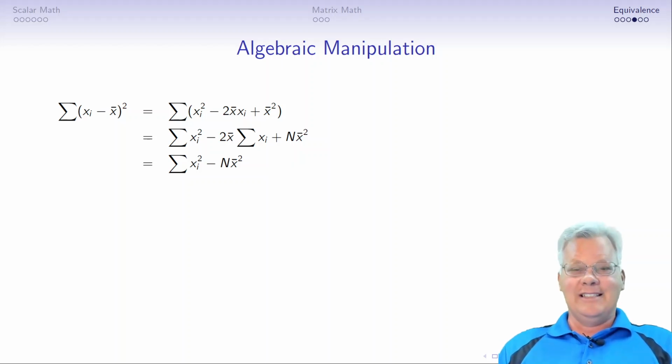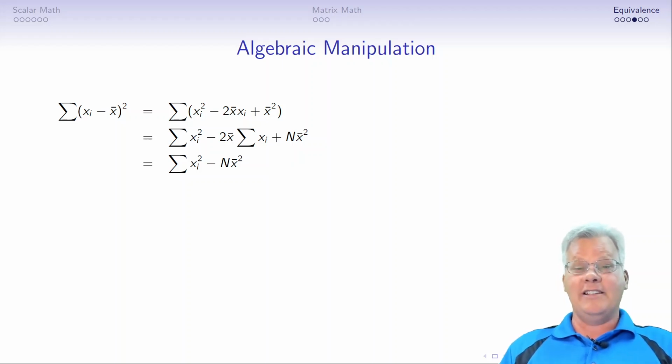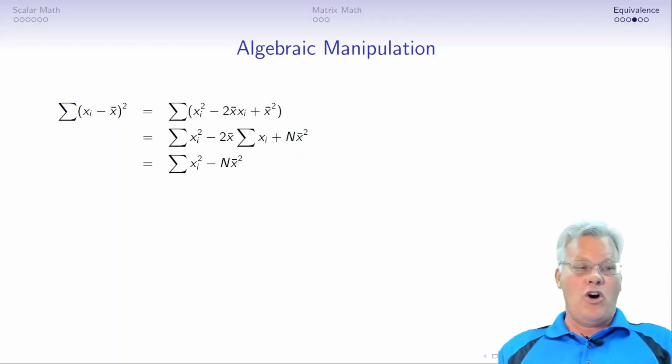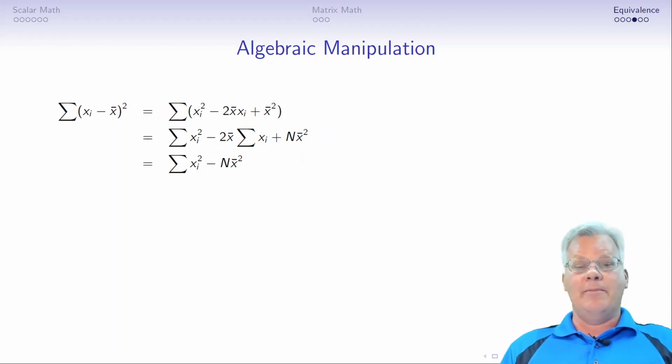So I get this second term, minus 2x bar times the sum of the x sub i's. And then in a similar manner, for the final term, I'm adding the constant x bar quantity squared n times.